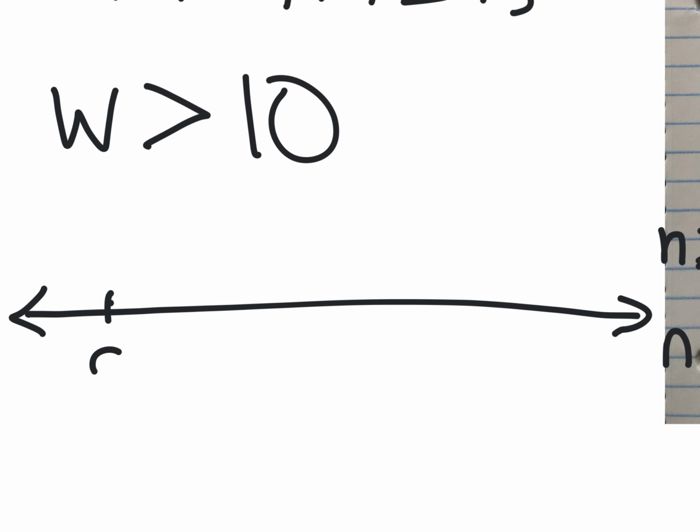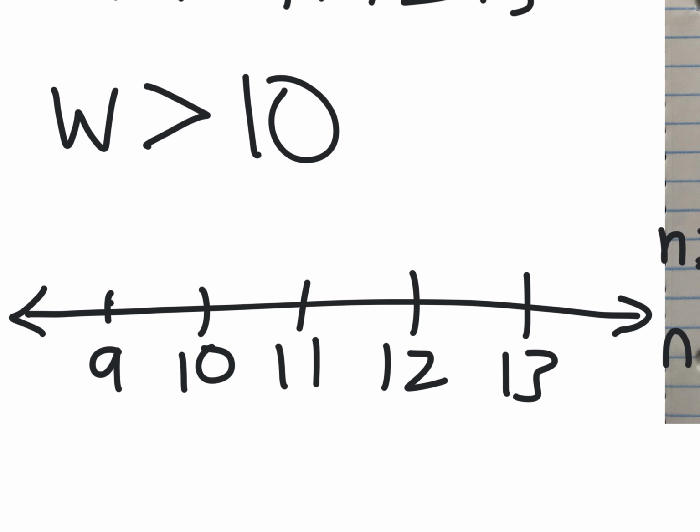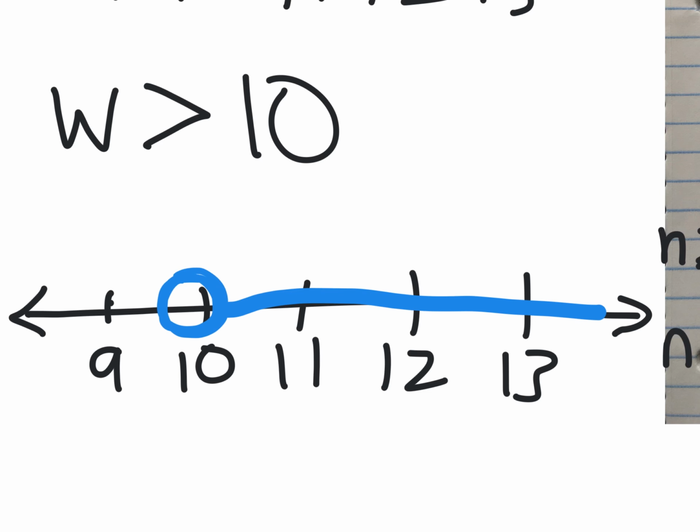So it would look like this. We have 9, 10, 11, 12, 13 minutes. Because there is no equal to line underneath, our point is going to start with an open circle at the 10. However, it is still going to move in the greater than direction, the bigger numbers.